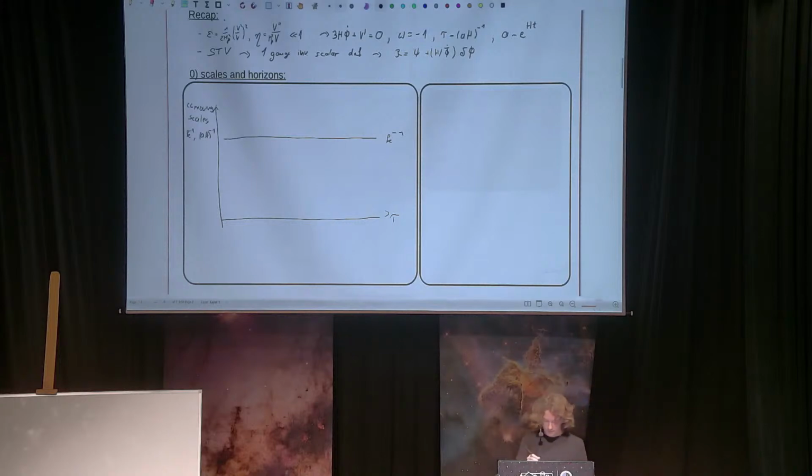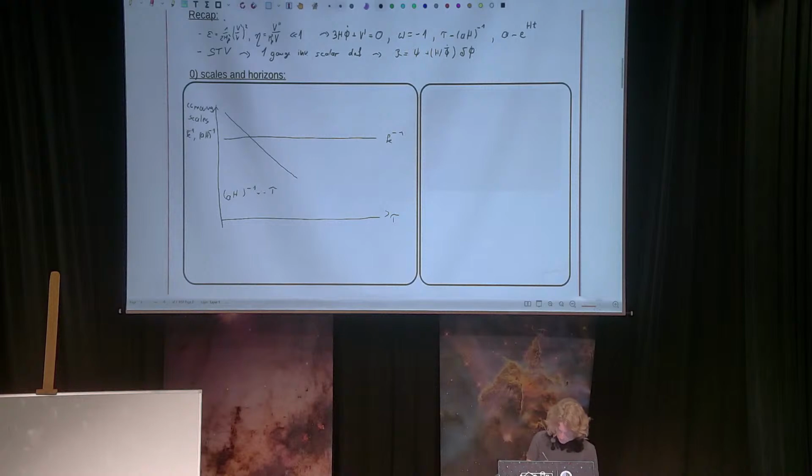The co-moving Hubble horizon, during inflation, it will decrease as we saw this relation here, the relation between tau and H, right? Because we have that (aH)^-1 is equal to minus tau. So we just have a linear decrease in this log plot.